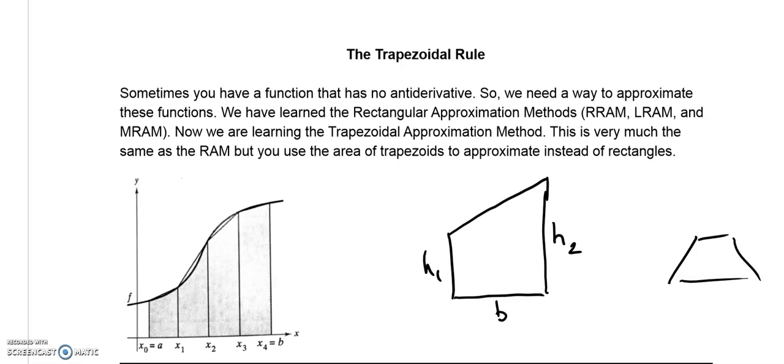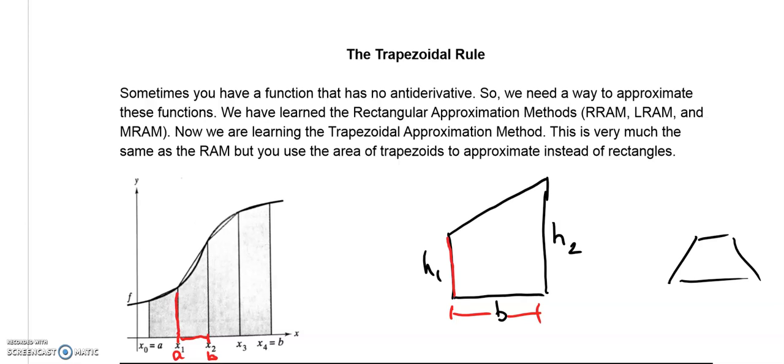You're still going to have to figure out what this distance is. But when we're looking at a graph to find this distance, it's x sub 2 minus x sub 1, right? But in our formula, we're going to use x sub 1 as a, x sub 2 as b. And then also, you have your function here. This is your height.